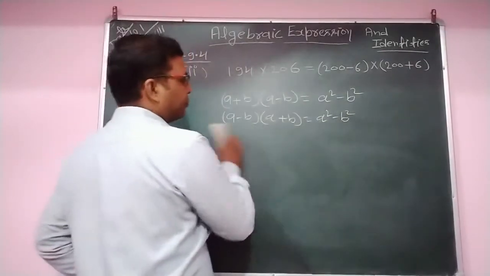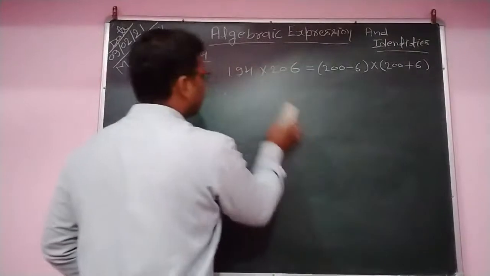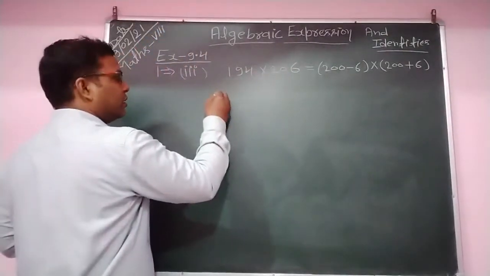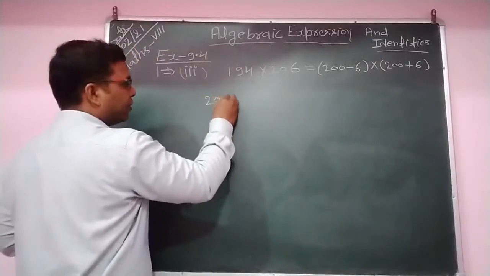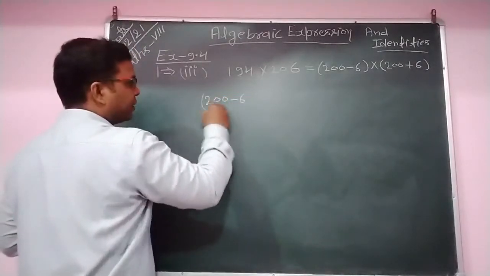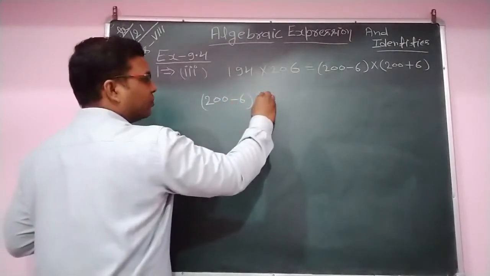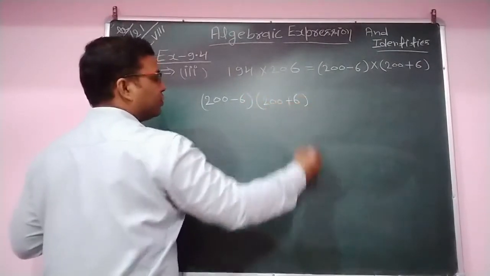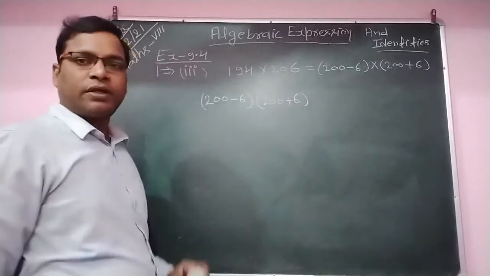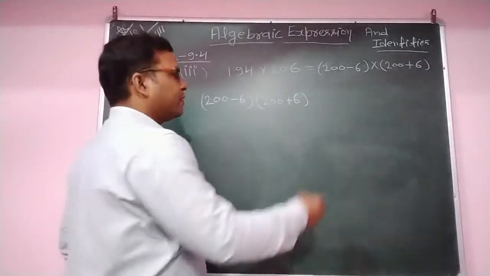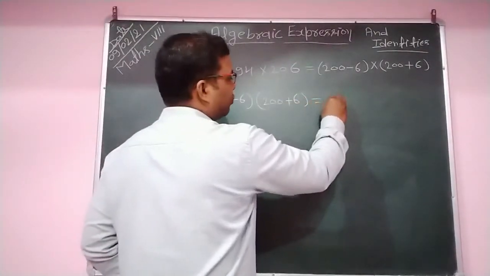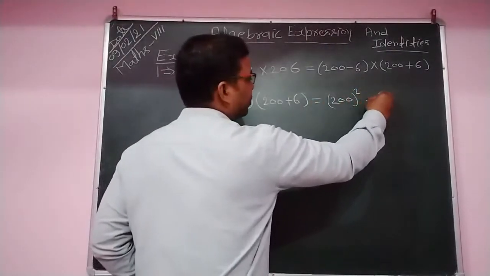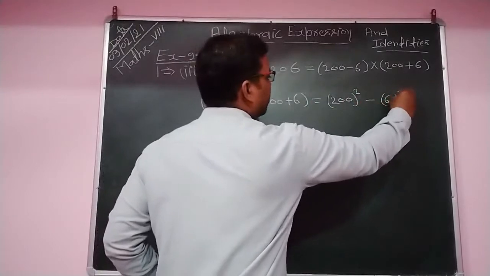So we can write it like this by using the third identity: 200 minus 6 into 200 plus 6 is equal to the square of 200 minus the square of 6.